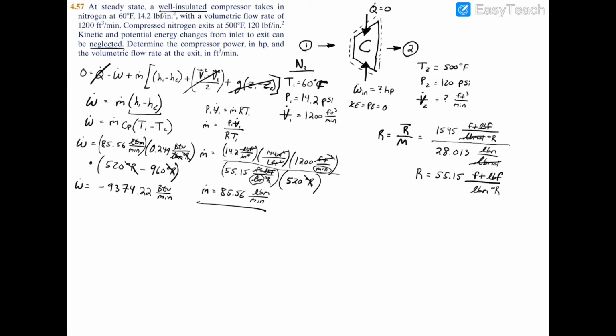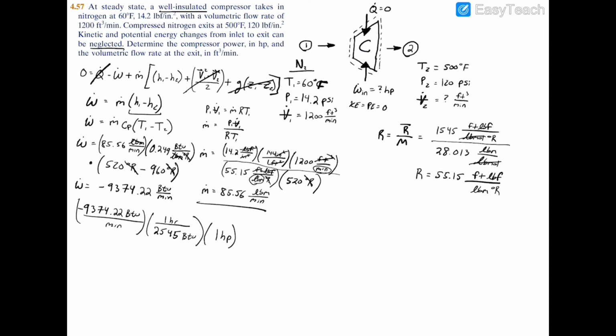And so now we need to convert into horsepower. So we'll use some stoichiometry here. So we have negative 9374.22, and that's BTU per minute. And now we're going to multiply that. I'm going to use the conversion factor of 2545 BTU per 1 hour, and that equals 1 horsepower.